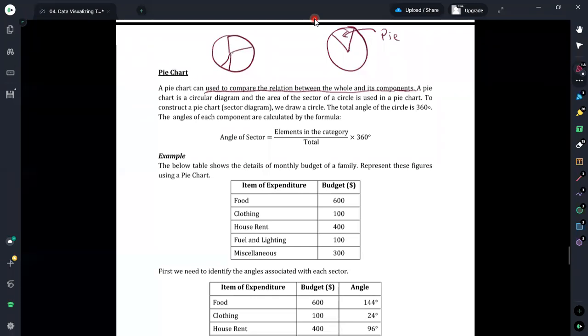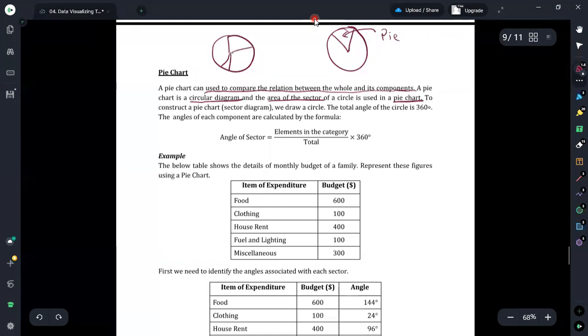If you look at the pie chart, a pie chart is a circular diagram. Here also I have mentioned it. It is actually made based on a circle. Therefore, we can say it is a circular diagram, and the area of a sector of a circle is used in a pie chart.